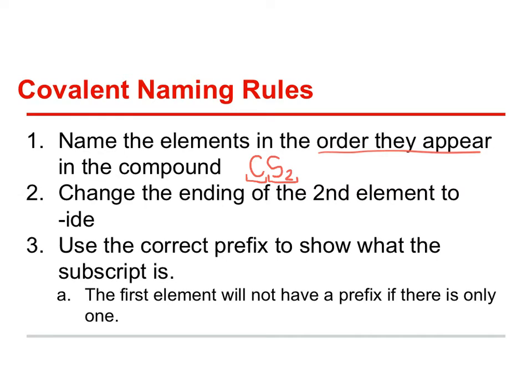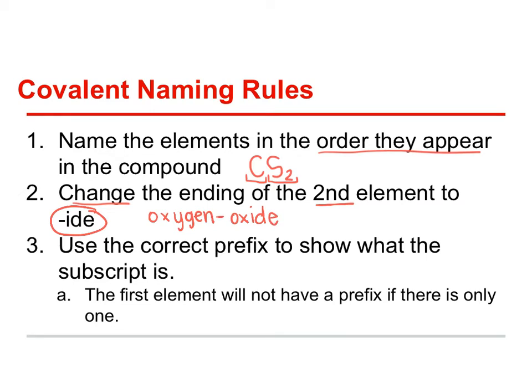Just like in an ionic compound, we're going to change the ending of the second element to IDE. So something like oxygen becomes oxide. We've already practiced that a few times.